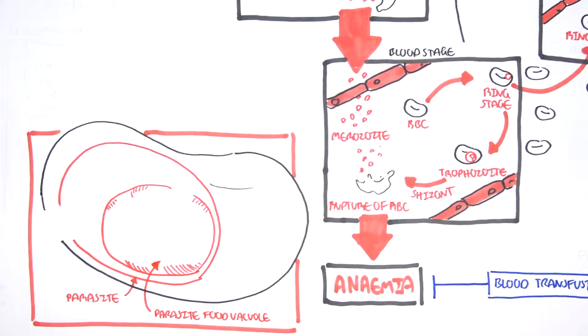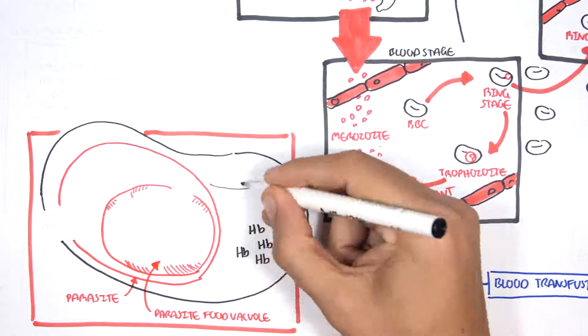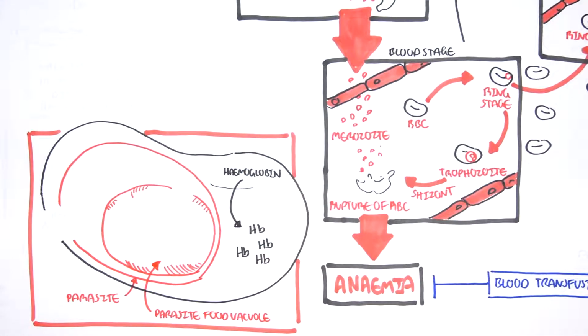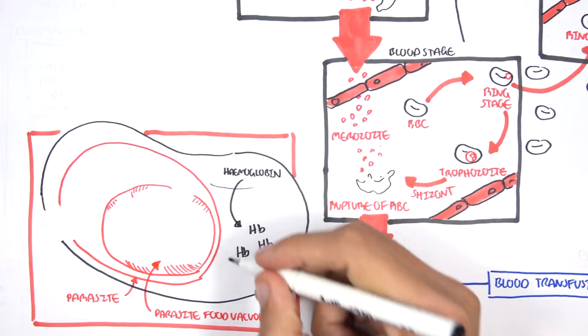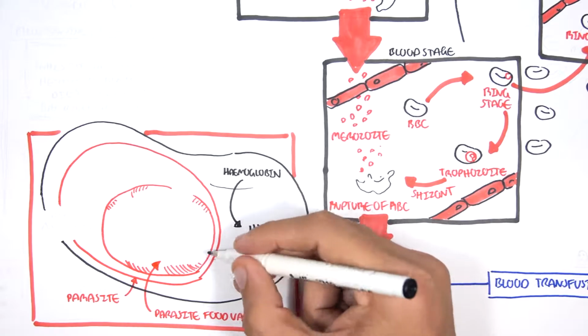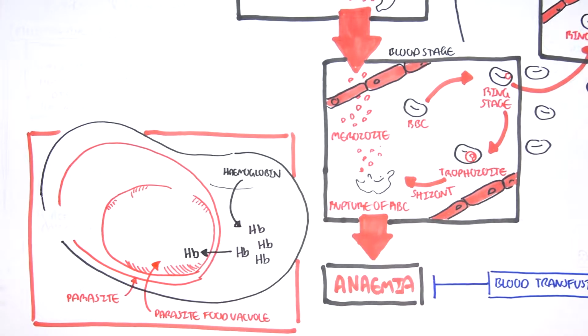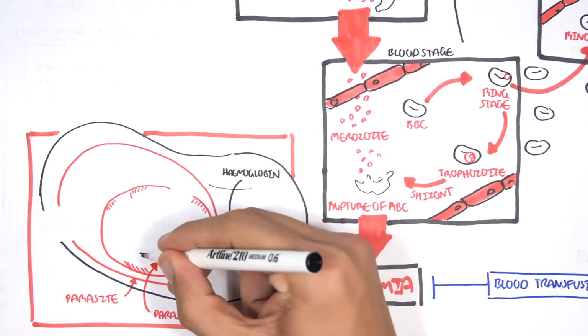Now, red blood cells contain many hemoglobins, right? And the hemoglobins, as we know, are responsible for delivering oxygen to body tissues. Well, the parasite within the red blood cell will use the hemoglobin. The hemoglobin is metabolized by the parasite in the parasite's vacuole.